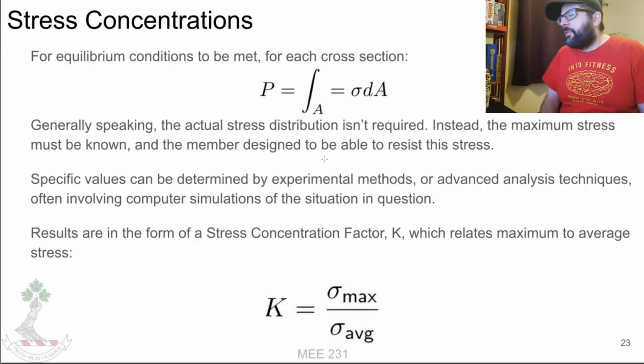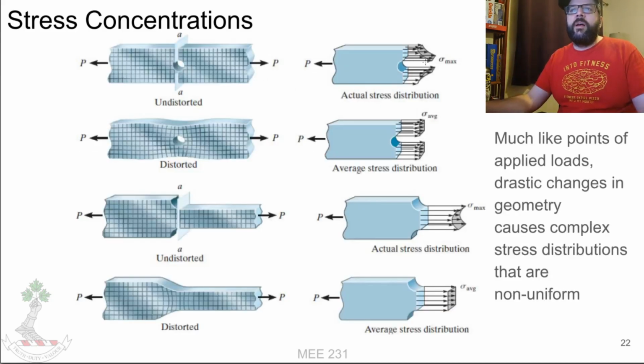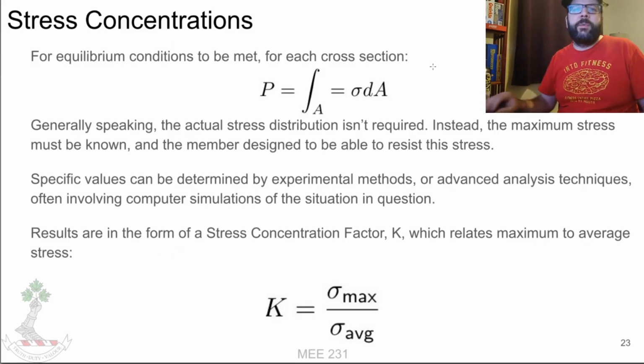That being said, we're not really too worried about the actual stress distribution. When we look at this, we're worried about what happens when it's really high. We're less worried about what happens over here. We're worried about whether or not this thing's going to fail. So we're worried about the maximum stress, and then we want to be able to design our part so that it's able to resist the stress.